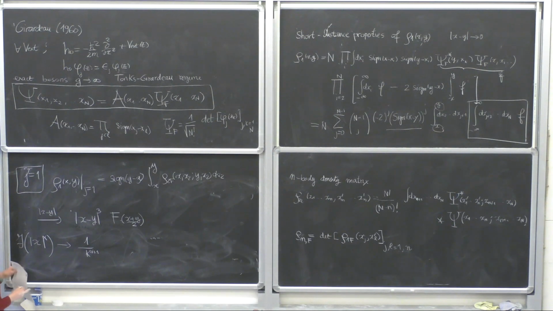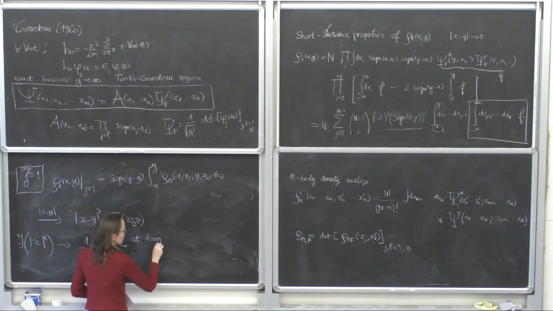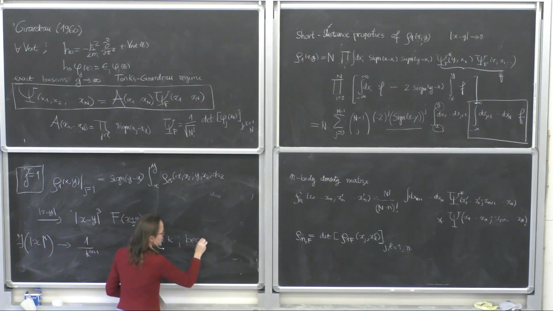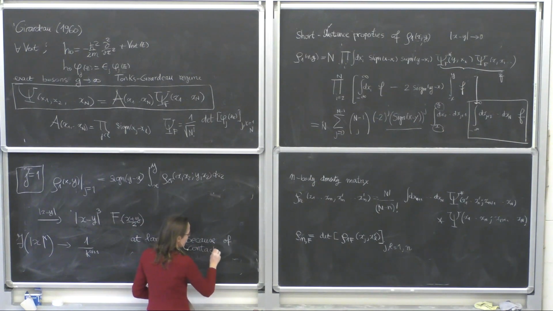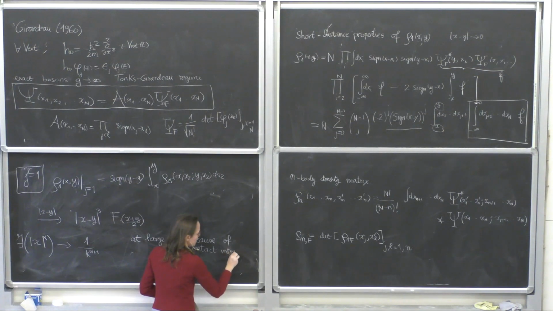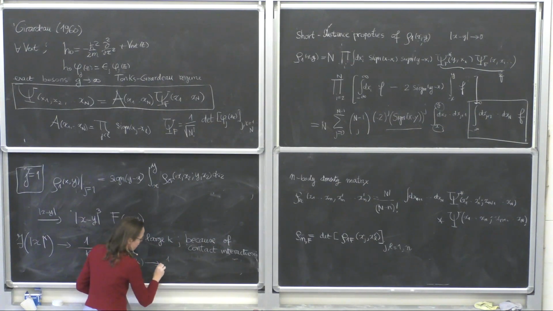So this study allows us to tell that at large k, and because of the contact interaction, we have that n of k at large k tends to 1 over k to the power 4.